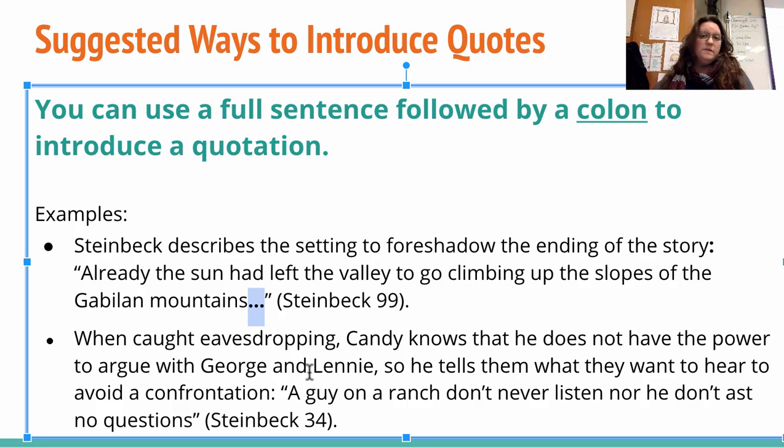So you could use ellipses multiple times when you're doing a quote to show, you want to provide a lot, but without writing all the things. And then you have the citation at the end with the period after the citation.